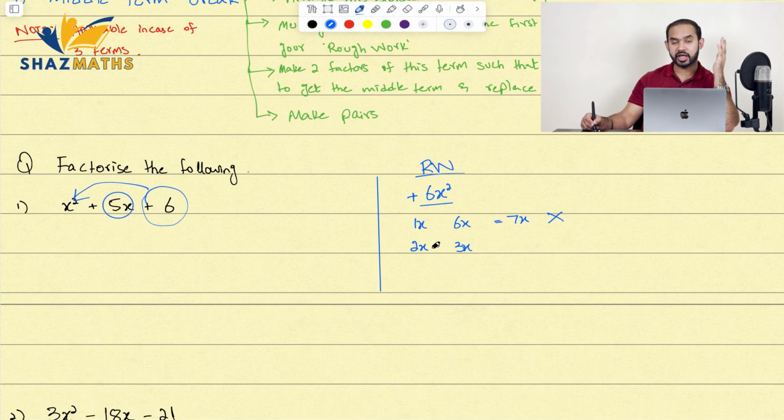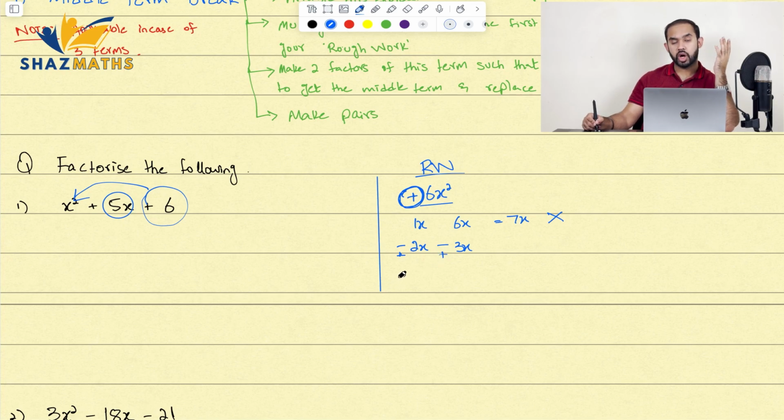But the next thing I need to think about is what should be the sign of these two factors. Always remember, because it is positive over here, I need two factors such that I add them in order to get the middle term. Addition is only possible whenever both of the factors have a negative sign or both have a positive sign.